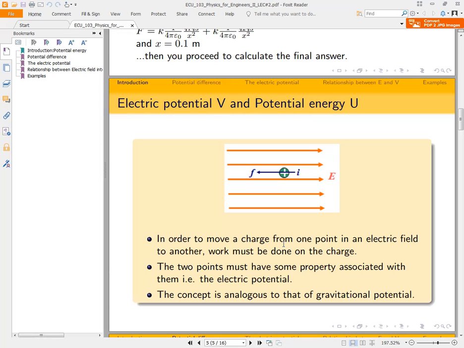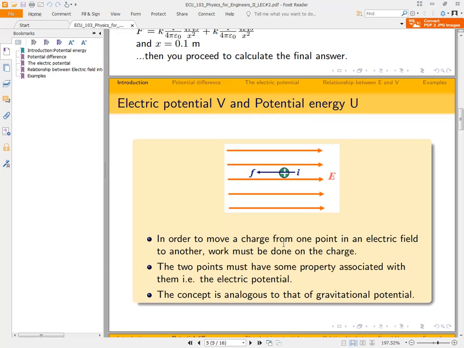All right, so these two terms sometimes are confusing. I am saying there is an electric potential which is measured in volts, and then we have potential energy which is measured in joules.